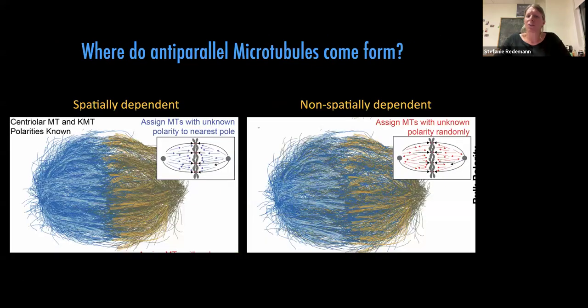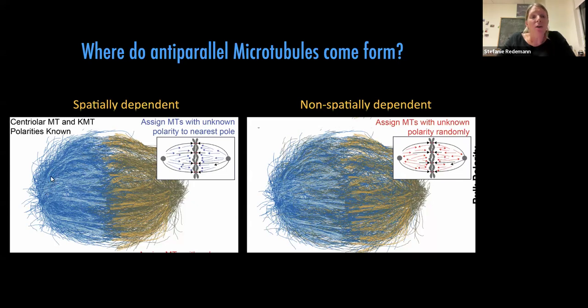And so we were really curious where those microtubules come from, right? And so very naively, you could just think, okay, we have these spindles, and maybe we can determine the polarity of microtubules by just assigning the polarity in reference to the nearest pole. So let's say the microtubule end is here, and then it goes this way, then it will be closest to this pole.